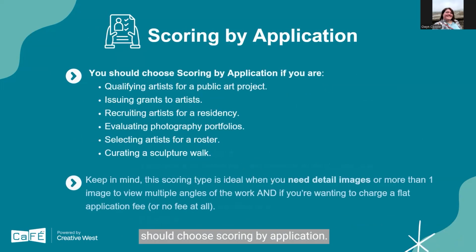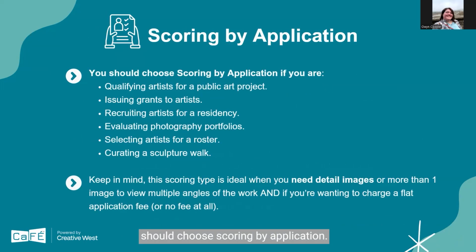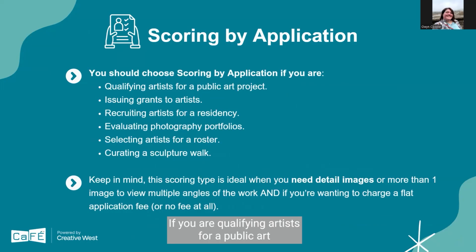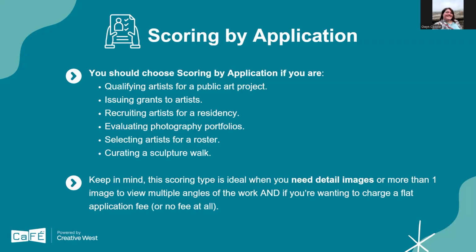Now, you should choose scoring by application if you are qualifying artists for a public art project, issuing grants, recruiting artists for a residency, evaluating photography portfolios, selecting artists for a roster, or if you're curating a sculpture walk.